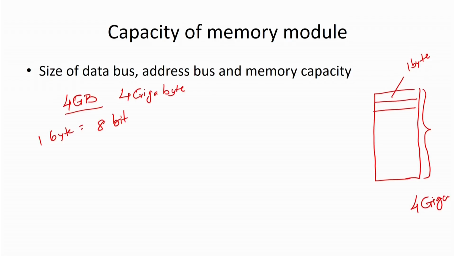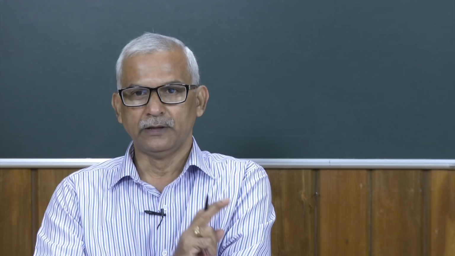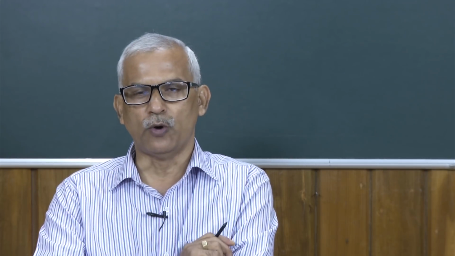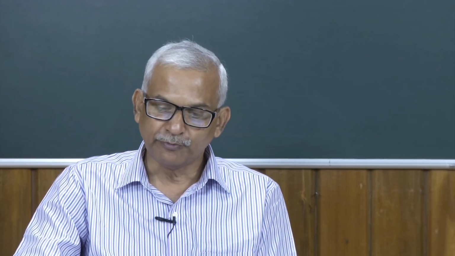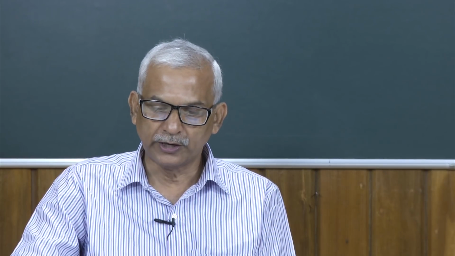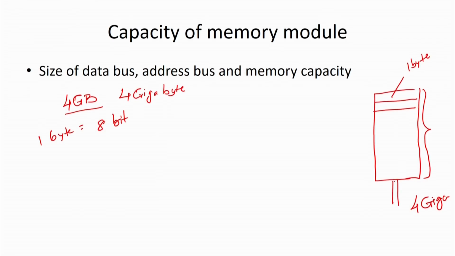See, we have 4 giga memory locations, and in every memory location we store 1 byte of information. So now, what is the size of the data bus over here? Since in every memory location we store 1 byte of information, here I have 8 bits. So the size of the data bus is 8 bit.